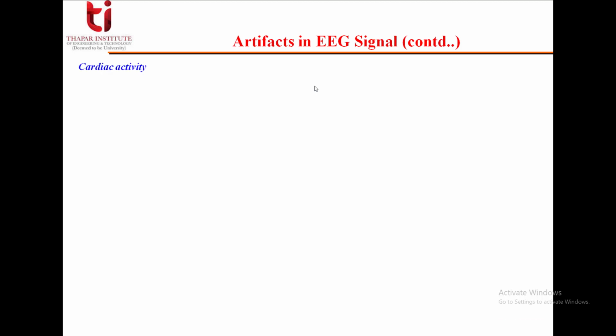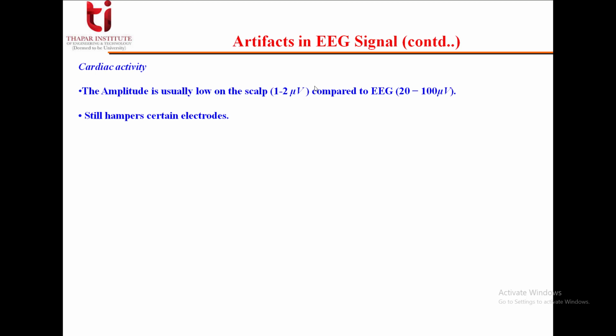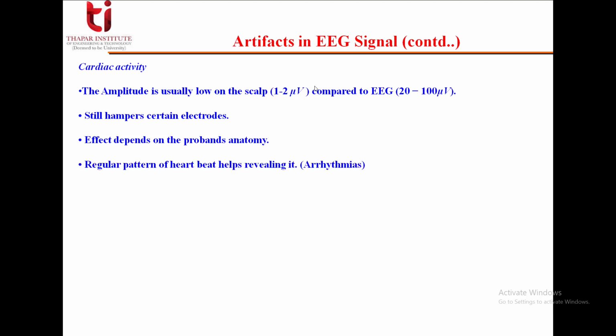Now we have another activity which contributes to artifact in the EEG signal, that is cardiac activity. The amplitude is usually low on the scalp surface, that is 1 to 2 microvolt compared to EEG, that is 20 to 100 microvolt. But still it hampers certain electrodes, and the effect depends on the proband's anatomy.